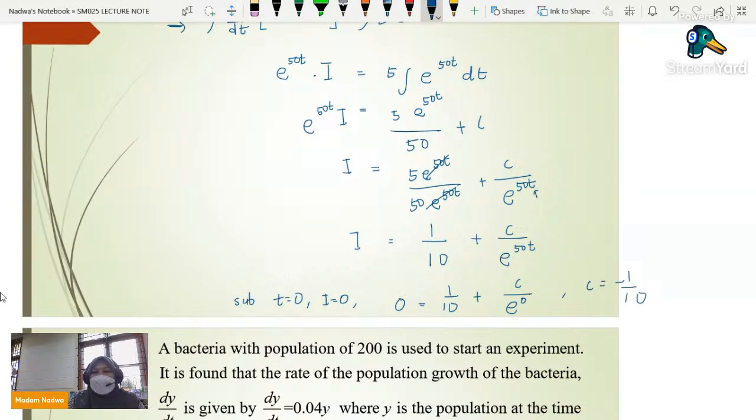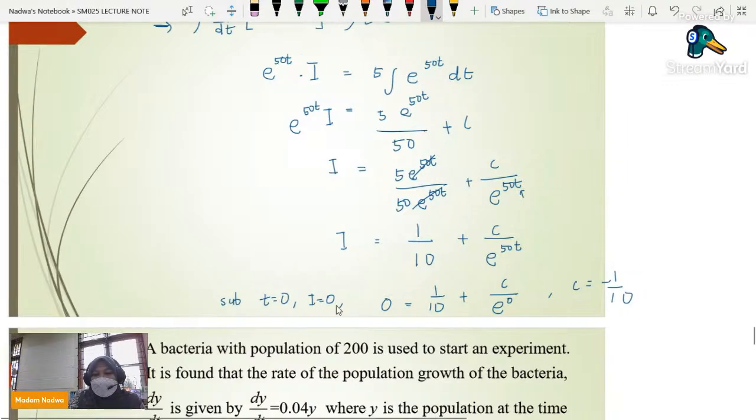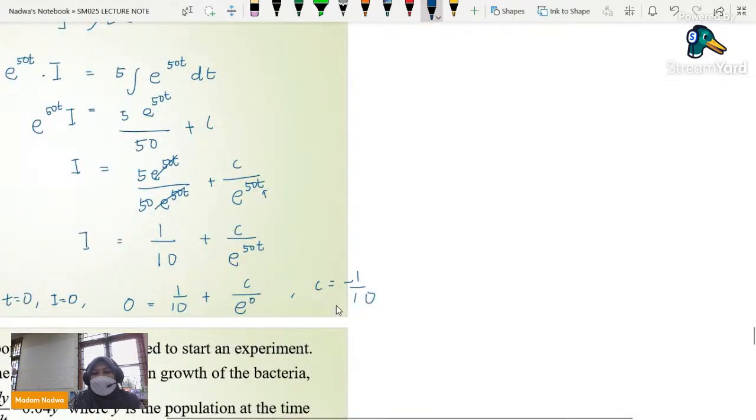So we can write back our answer here in the form of particular solution. So I, instead of 1/10 plus C over e to the power of 50t, the C is negative 1/10. So negative 1/10 over e to the power of 50t.